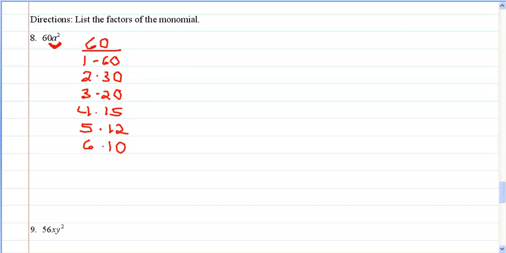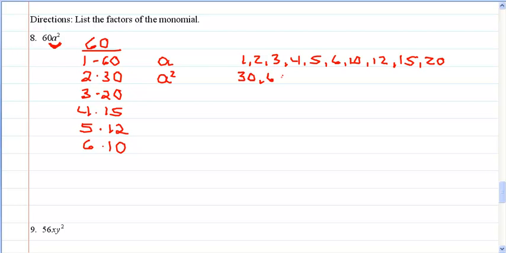But we also have this a squared at the end. That means that a is a factor, and so is a squared. So when we list the factors of the monomial, we want to start by writing the numbers that we listed in the factor list. And it doesn't matter the order, but I'm just going to write them in ascending order. And then you take each of these numbers and attach an a.